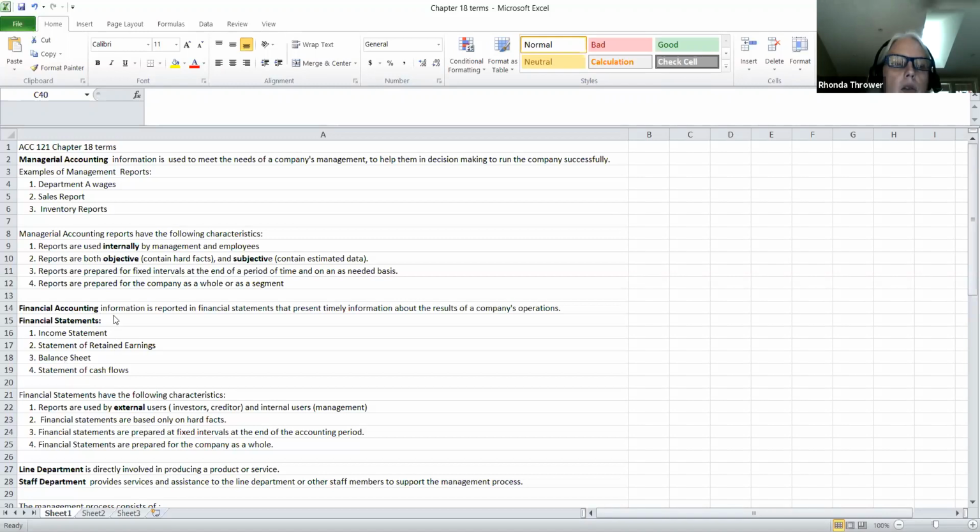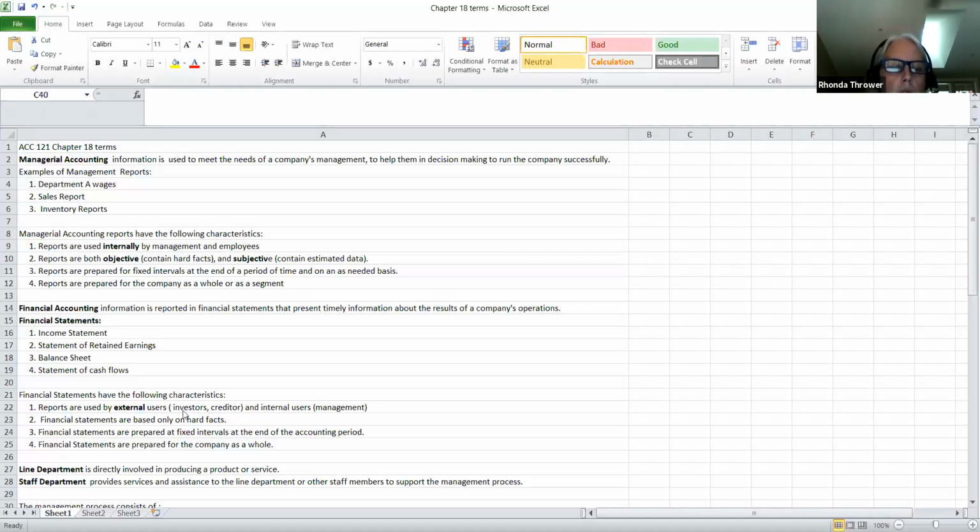In financial accounting, we learned how to prepare financial statements. And the financial statements have to have certain characteristics associated with them too. The first characteristic that I mentioned here is that the reports are going to be used by external users. External users are people outside of the company who would be interested in the accounting information for the business, such as investors or creditors.